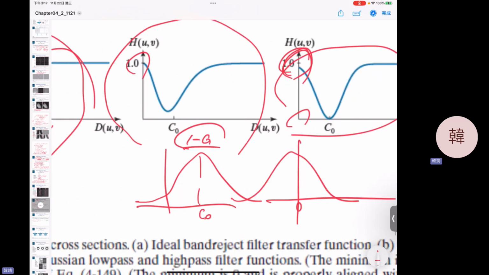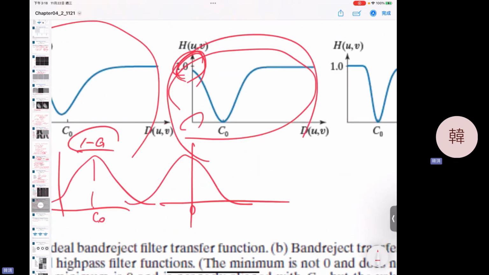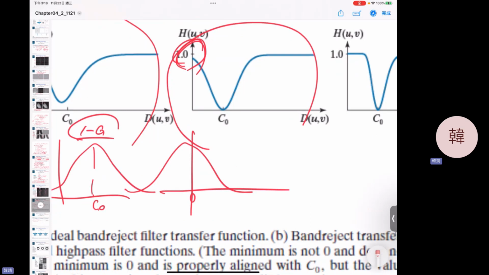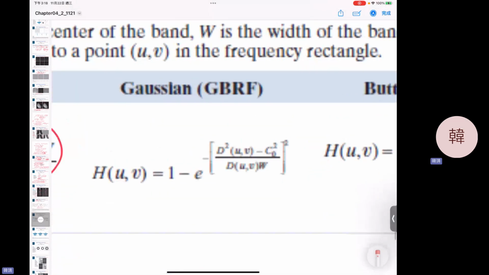This one combines two Gaussian filters together. You get this filter easily with 1 minus the Gaussian filter, but the result is not as ideal as your expectation. There should be 1 at the 0 frequency, but unfortunately if you take 1 minus this Gaussian, the result comes out like this. How can you solve this? It's easy: do some multiplication.